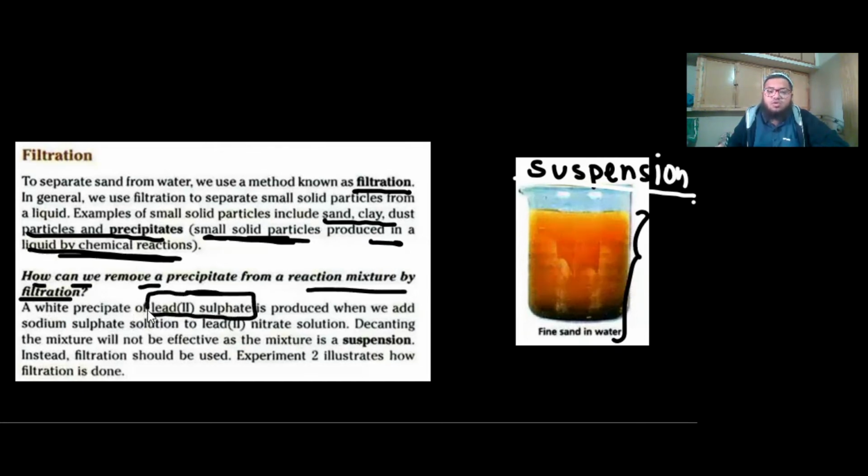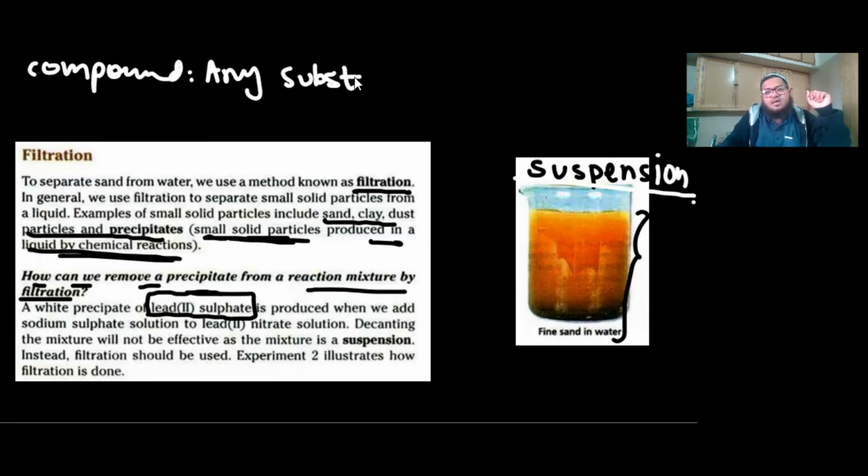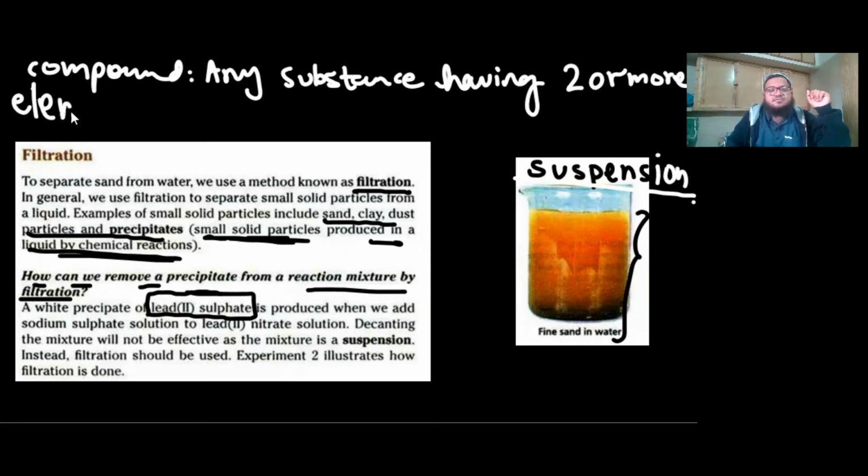What is a compound? A compound is basically any substance that contains two or more elements which are chemically combined. Okay, let me just write it over here. What is a compound? A compound includes any substance having two or more elements chemically combined.